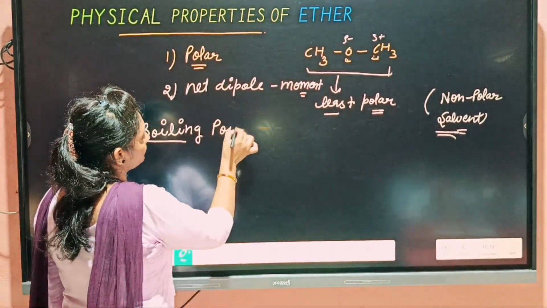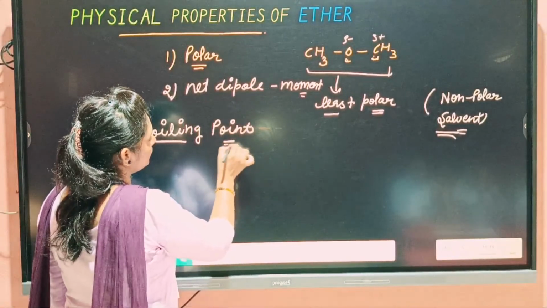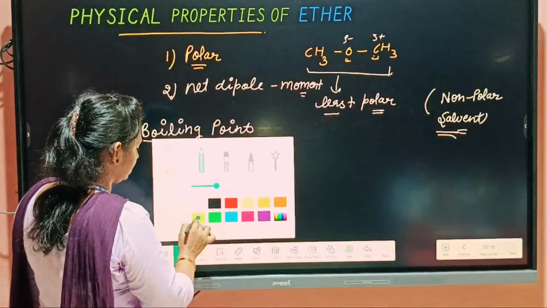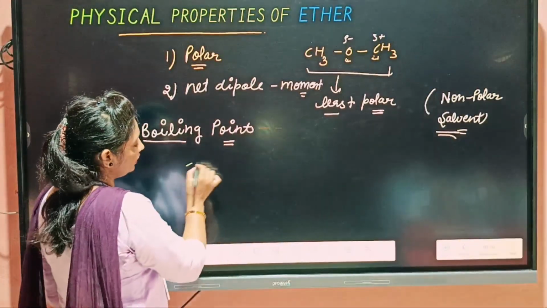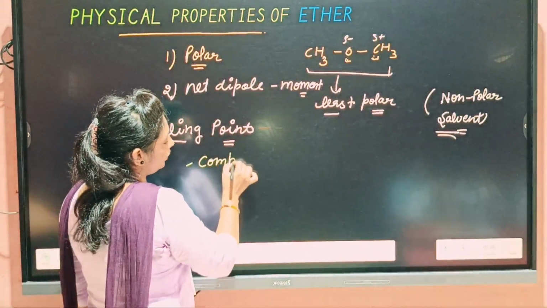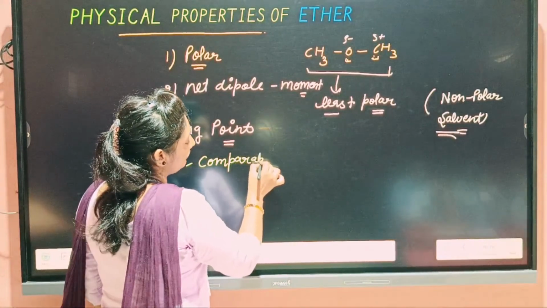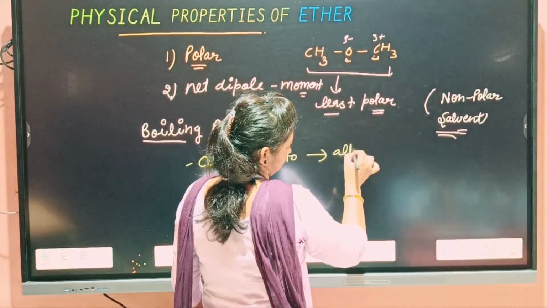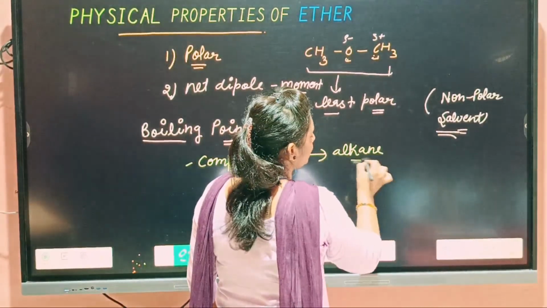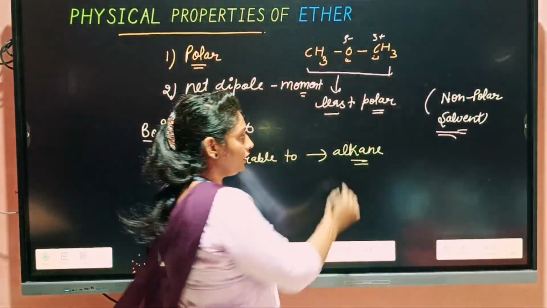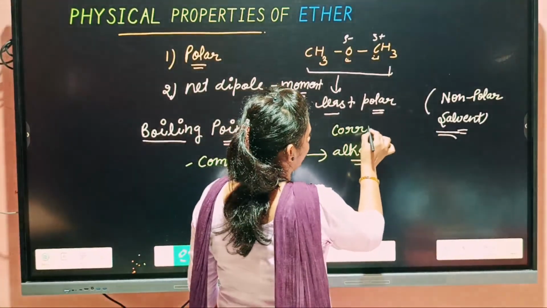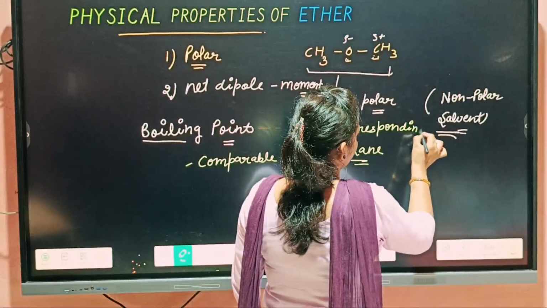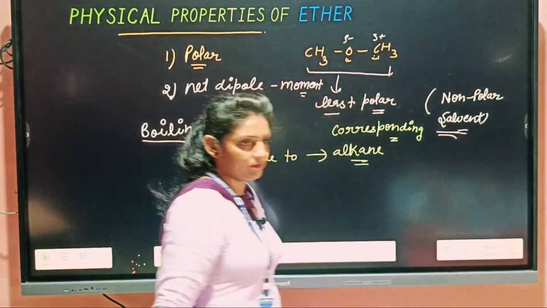Boiling point. Their boiling point is comparable to the corresponding alkanes, meaning alkanes which have molecular mass nearly equal to the respective ether.